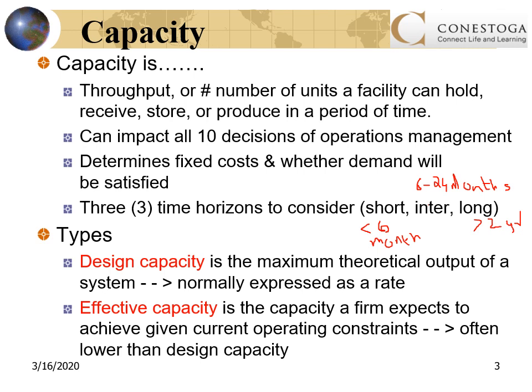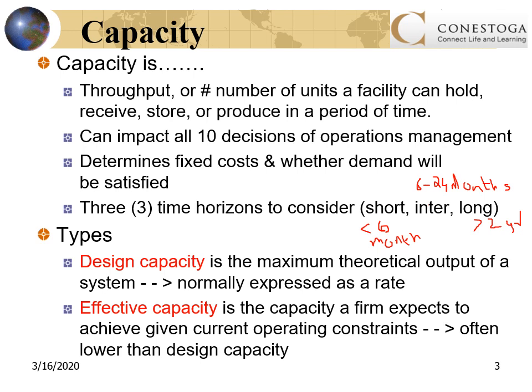Now, under capacity, there are two different keywords which we normally discuss. I will give an example in the next slide to make these concepts clear, first let's try to understand the definition of those two keywords. So the first keyword is design capacity.